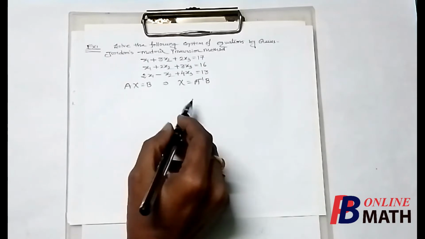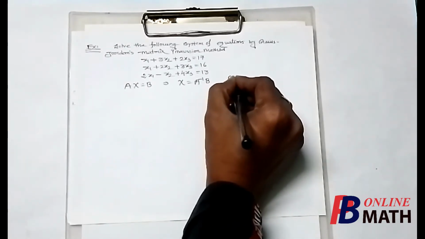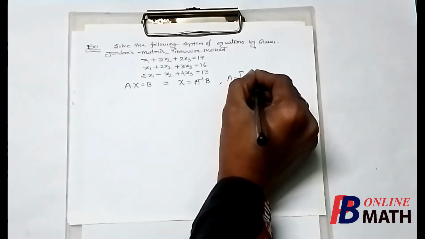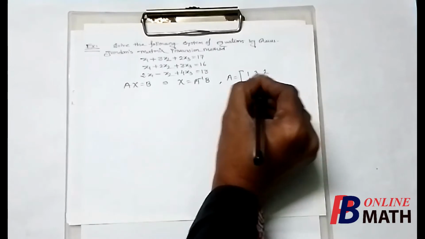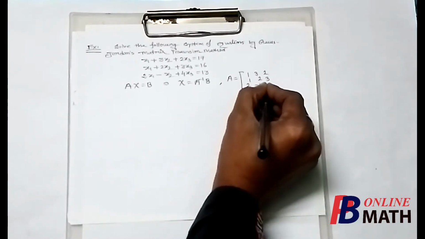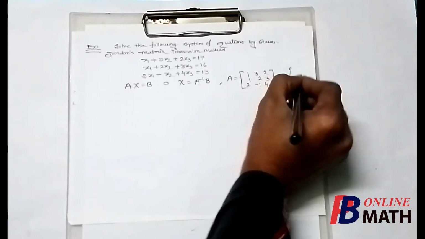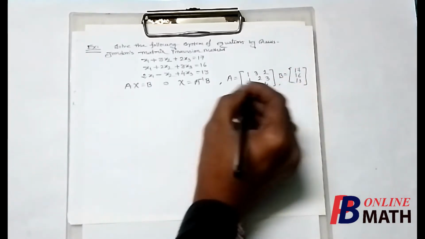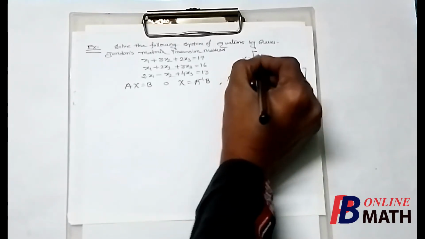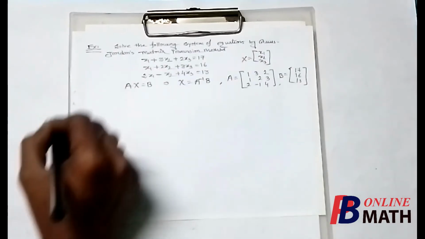So our target will be to find the A inverse, where the matrix A is 1 3 2, 1 2 3, 2 minus 1 4. The B matrix is 17 16 13, and the X matrix, this is the unknown, x1 x2 x3.